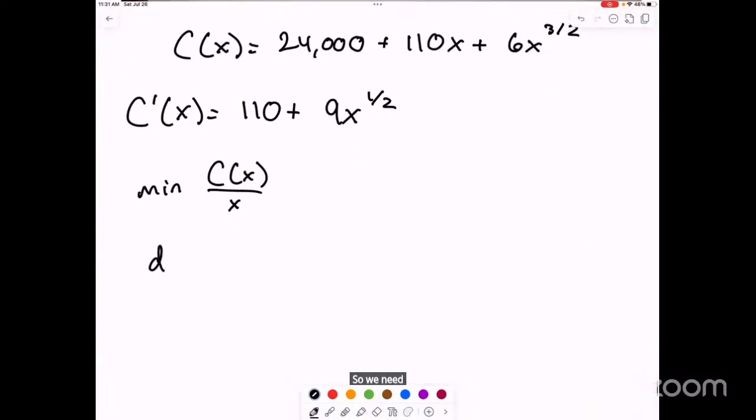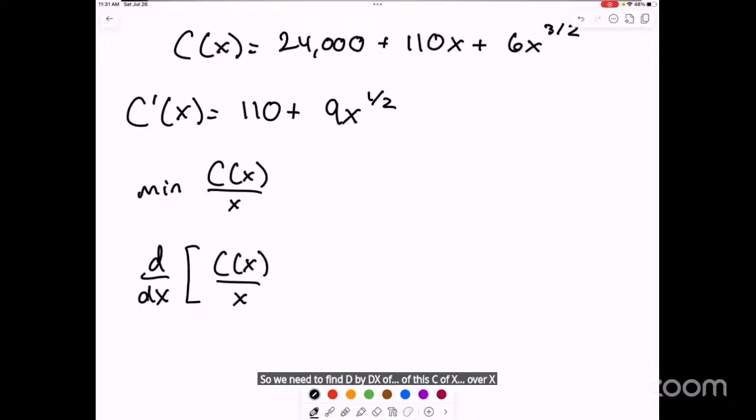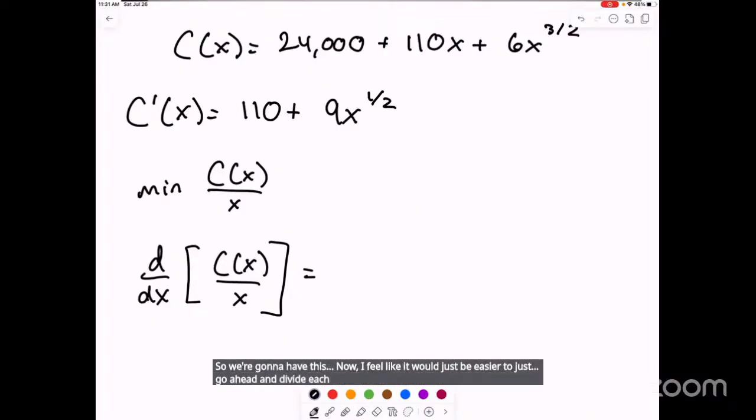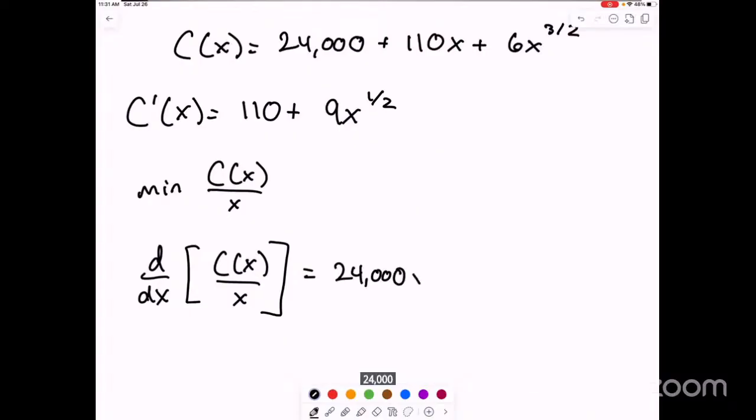So we need to find d by dx of this C of X over X, and then analyze it. Now I feel like it would be easier to just go ahead and divide each term by x. So we're going to have this 24,000 times x to the minus 1 plus 110.